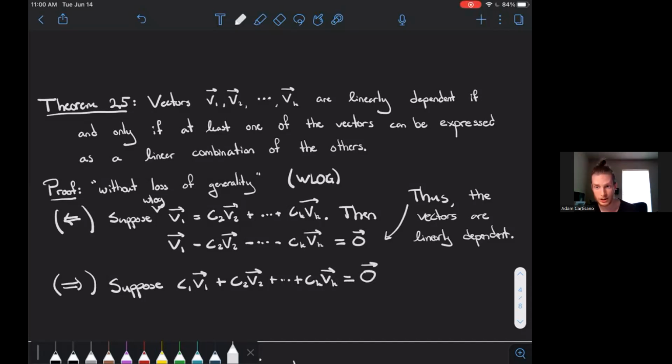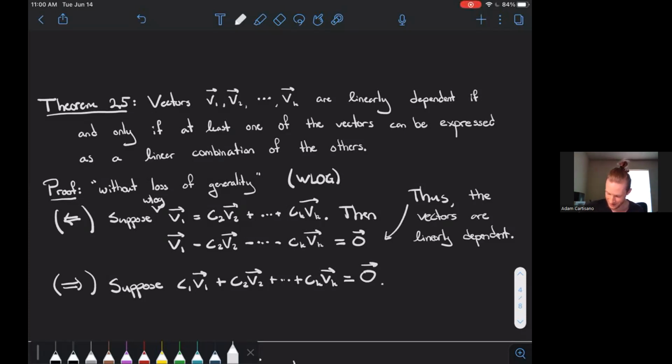So we suppose this from the start, and now we want to prove that at least one of the vectors can be written as a linear combination of the other ones. Very importantly, part of the definition of linear dependence is that one of these scalars, c1 up through ck, is non-zero.